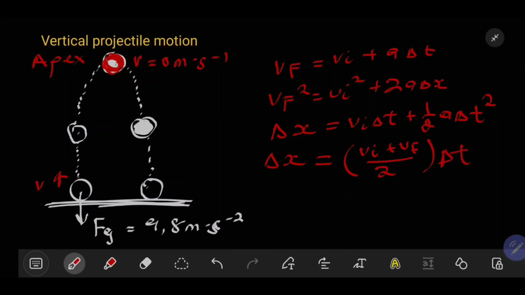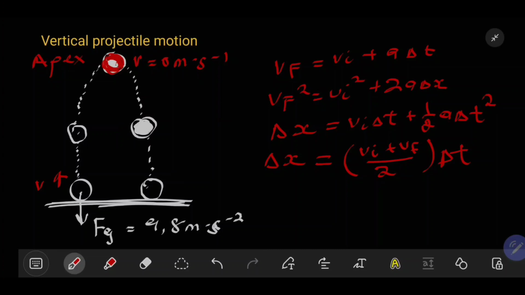multiplied by Δt. So Vf is for the final velocity, and V initial is the velocity at which the ball was projected, or the velocity at which the ball was thrown.